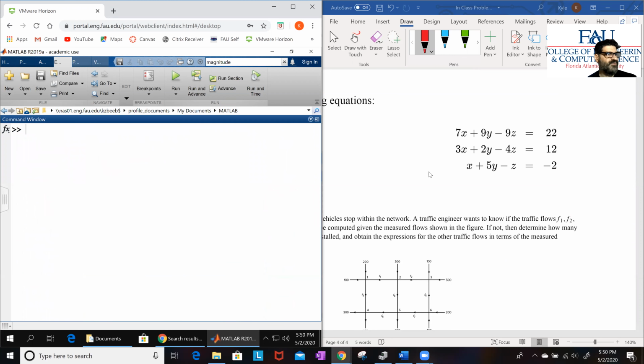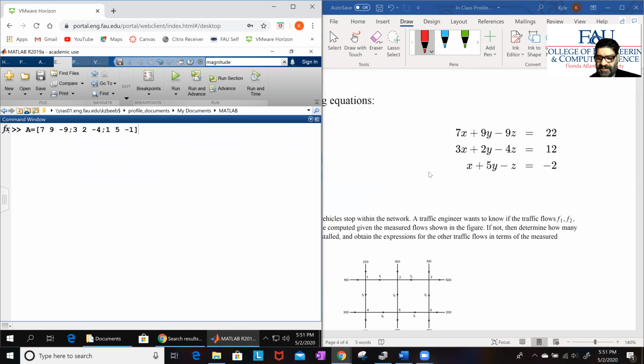So what do we have? Let's choose A equal, in this case, 7, 9, minus 9, and then the second equation, 3, 2, minus 4, and 1, 5, minus 1.